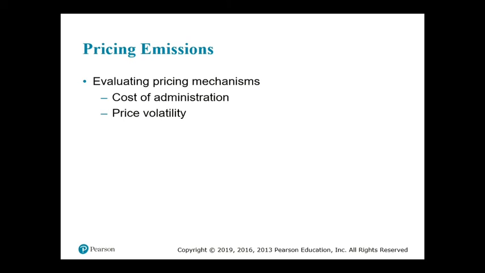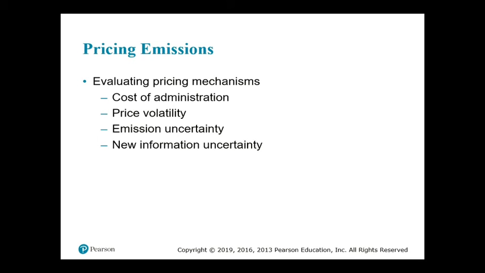So you would see a lot more price volatility under cap and trade, which could discourage companies from participating. And then emission uncertainty. Cap and trade creates a cap on the total emissions emitted, but carbon tax has no such guarantee.